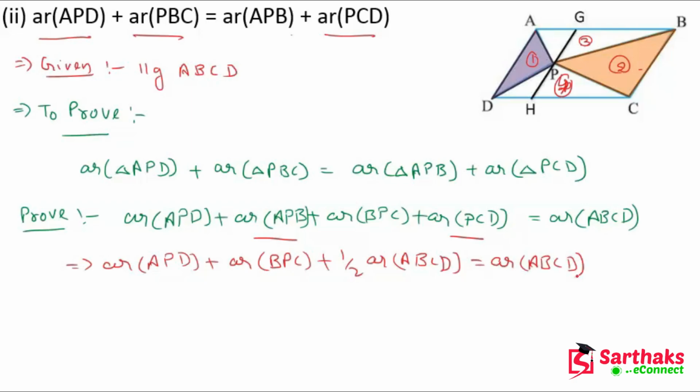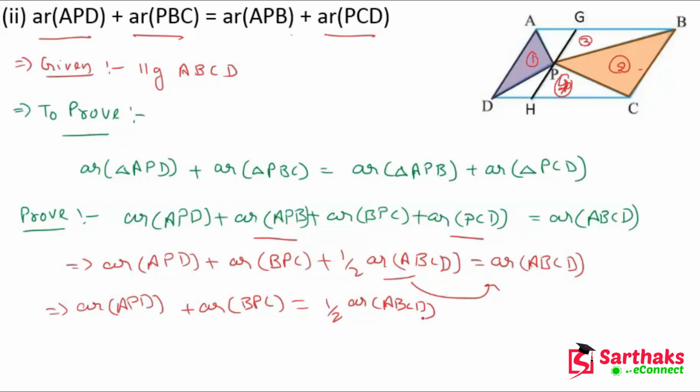So my dear friends, I hope you understand these things. Now if we shift this term to the RHS, we get area of triangle APD plus area of triangle BPC equal to half of the area of parallelogram ABCD. Got it?